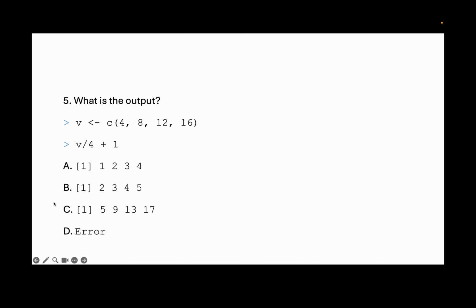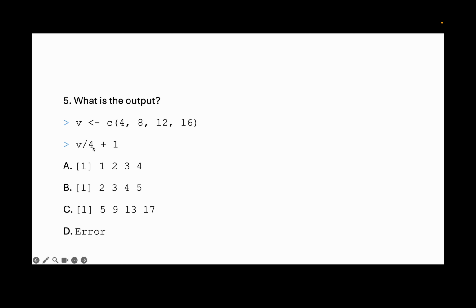So here the correct answer is B only. This one shows the index, so when you type this in R, this will appear in the output, so ignore that part. Now, as I mentioned earlier, since there is only one value, this is the entire vector, and you are dividing that entire vector by 4. Since this is only one value, and as per BODMAS, this division will be solved first. Once you do that, it will work element-wise.